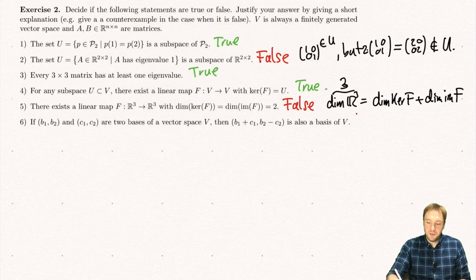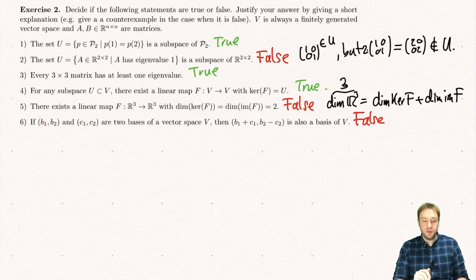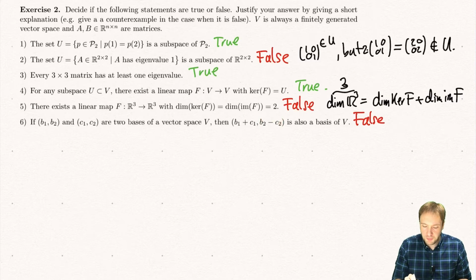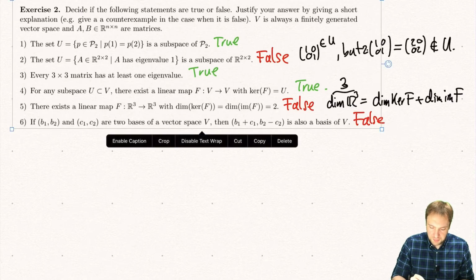And this is false, because we could say that C1 equals B1 and C2 equals B2. And in this case, this vector here, B2 minus C2, would be 0. And 0 is never a part of a basis, because 0 is linearly dependent with any other vector. So this is clearly false.